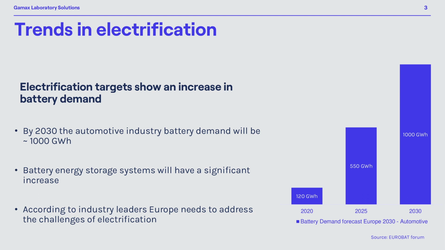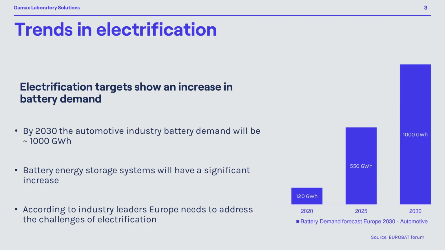What we experience in various industries is that all of the industries are turning to more and more electrification in their developments. So the electrification targets show an increase in battery demand. On the right of this slide, you can see the battery demand forecast of the automotive industry only.